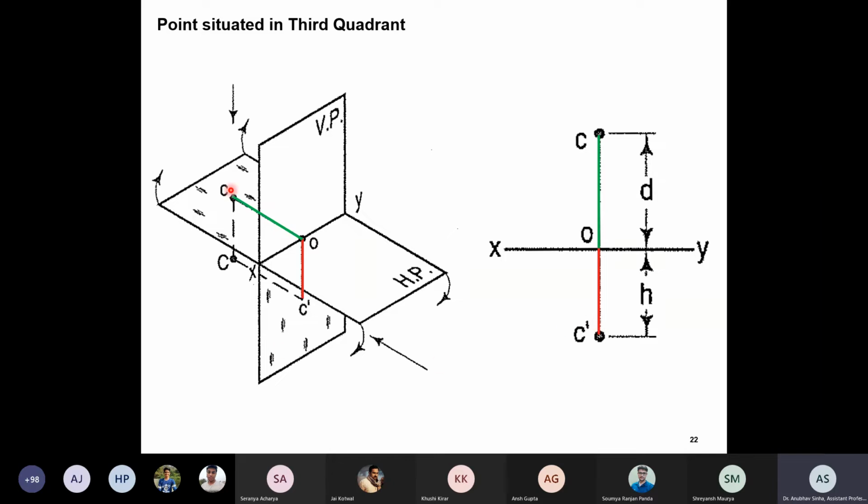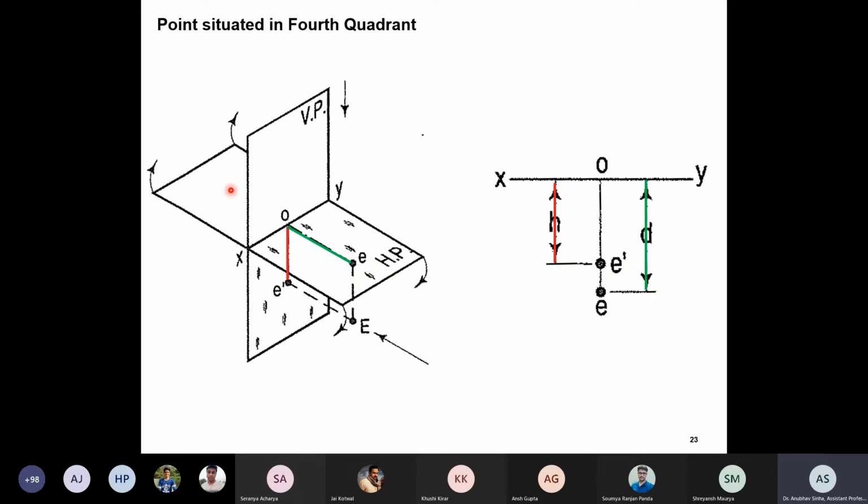This is the third quadrant. Similarly, we have the fourth quadrant where we rotate this, and again it forms a closed book type of structure. So this HP and VP will lie on top of each other, and then we show both E dash and E on the same plane like this.